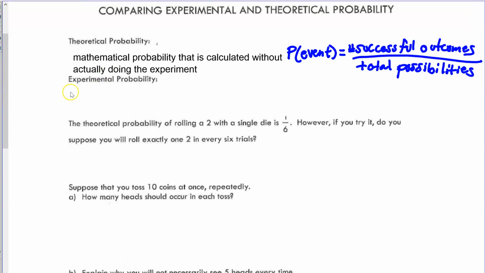Next, the experimental probability is the probability observed when performing an experiment.